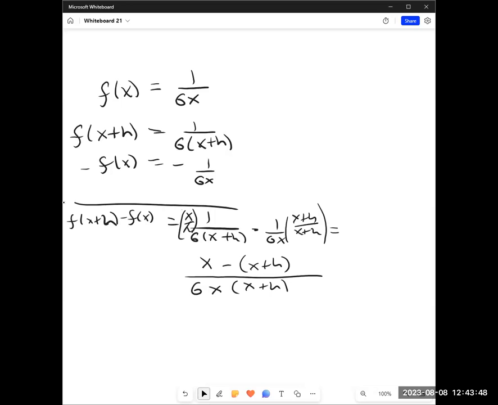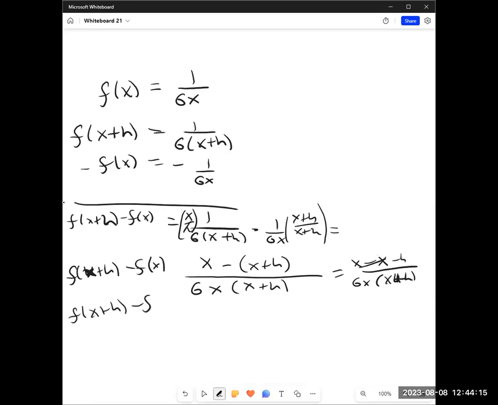Again, this is only f of x plus h minus f of x. This is x minus x plus h over 6x times x plus h. So f of x plus h minus f of x is equal to a negative h over 6x times x plus h.